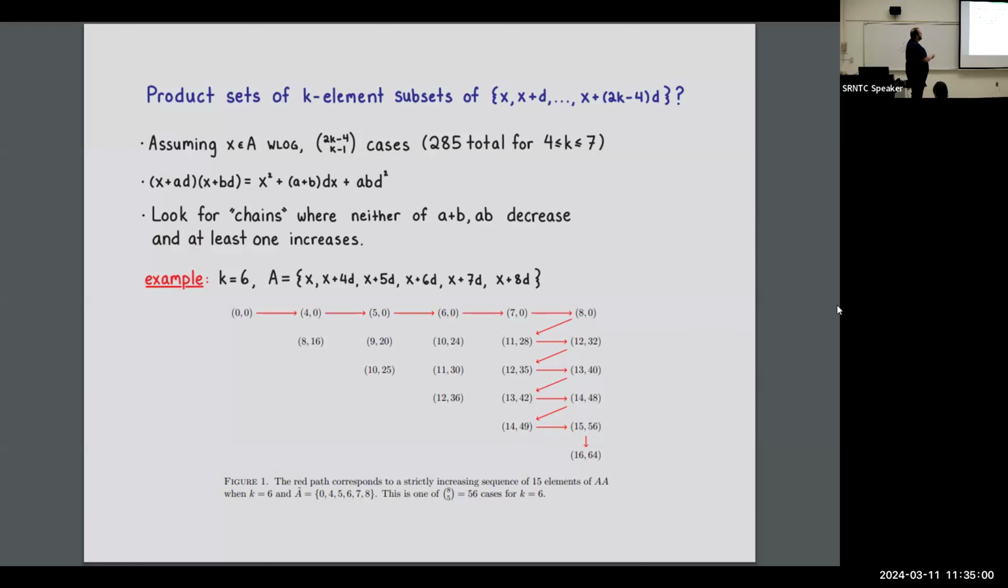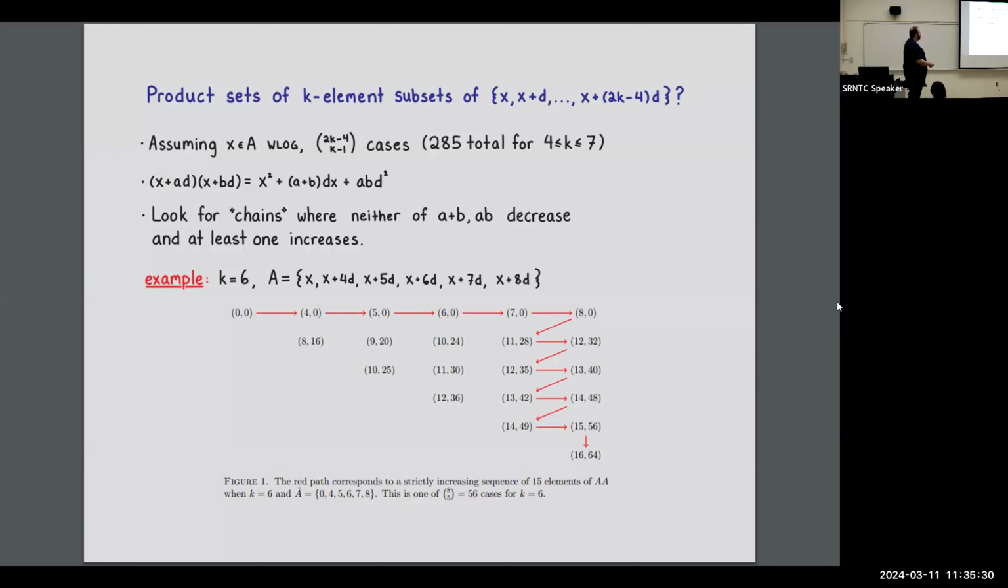And if you look at the way products of those elements look, the problem is that for different choices of a and b, this might wind up being the exact same thing. You might get repeats. But as long as you have a pair where one of a plus b and a times b goes up and neither of them go down, then you know that you can build a strictly increasing sequence of products.